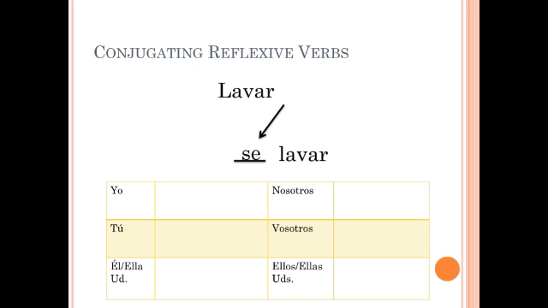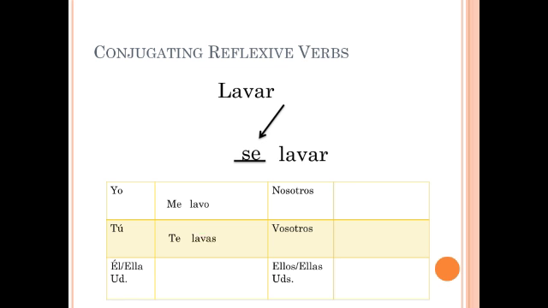So if the subject of the sentence is yo, the reflexive pronoun becomes me, and you conjugate for the yo form. If the subject of the sentence is tú, the reflexive pronoun becomes te, and you conjugate in the tú form, te lavas.